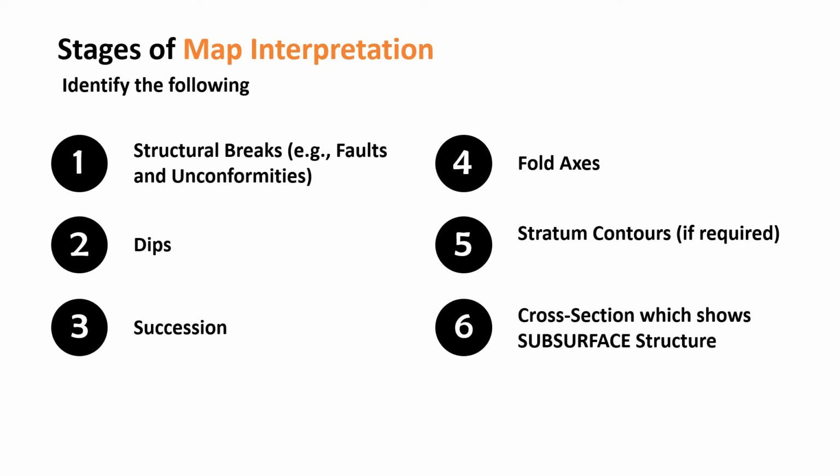The fourth one is the fold axis such as the syncline and anticline. The fifth one is the stratum contours if further details are required. And the sixth one is the cross section, which shows subsurface structures. The fifth and sixth will be discussed in the following slides.